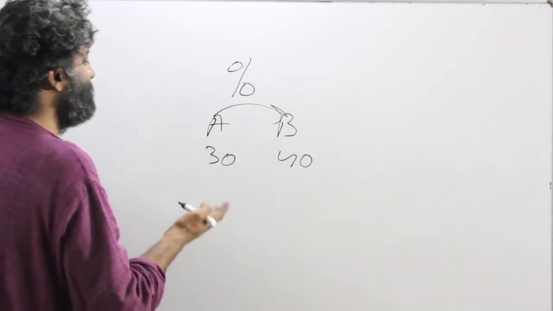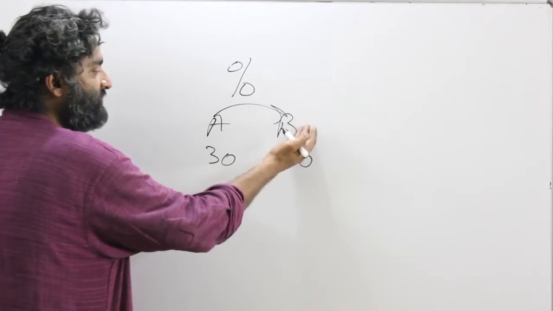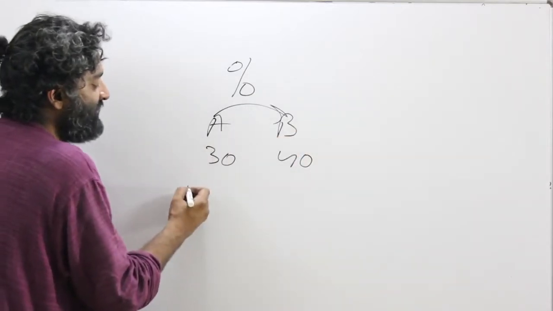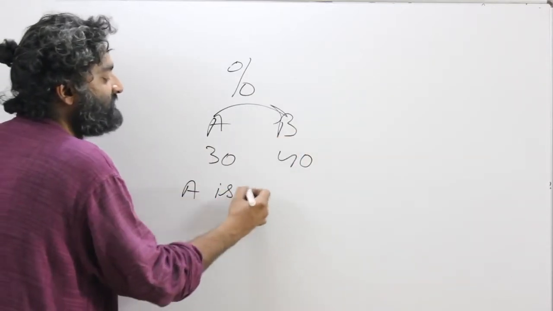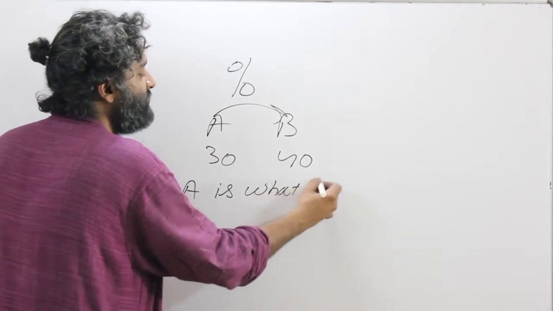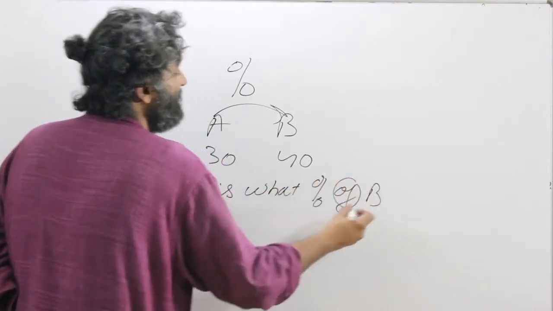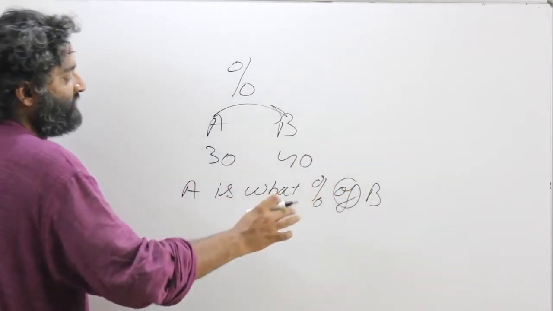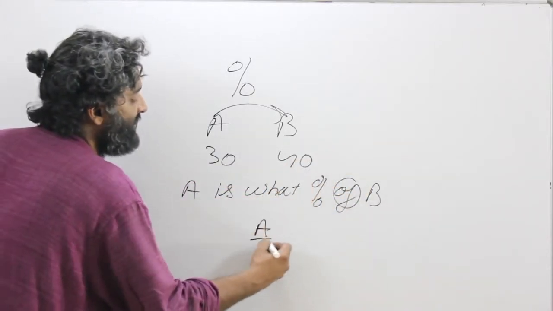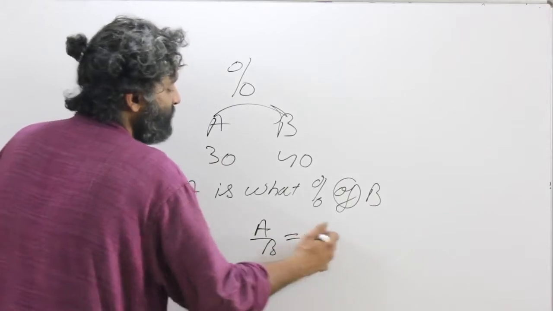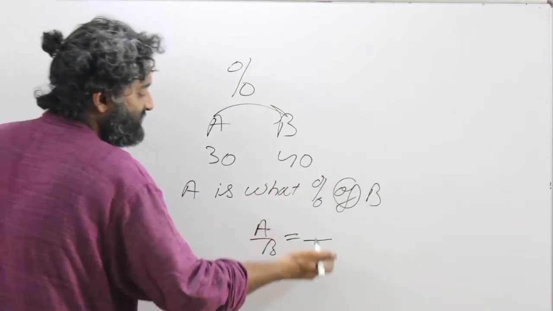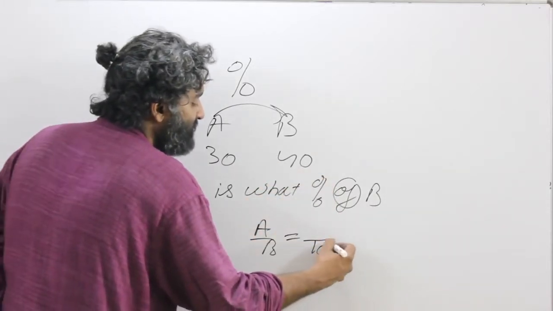For example, I can take B to be 100 and my language will be something like this: A is what percentage of B. This "of B" tells me that B is supposed to be 100. So when I do A by B, and try to equate it to another relationship which a percentage is, I will put 100 in front of B, right?